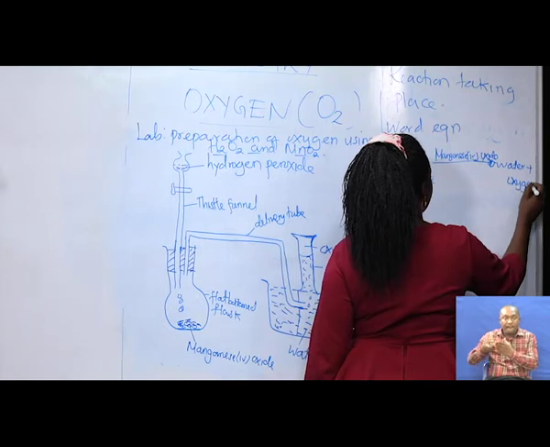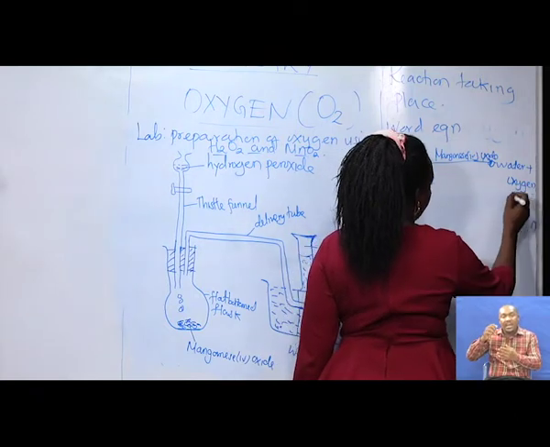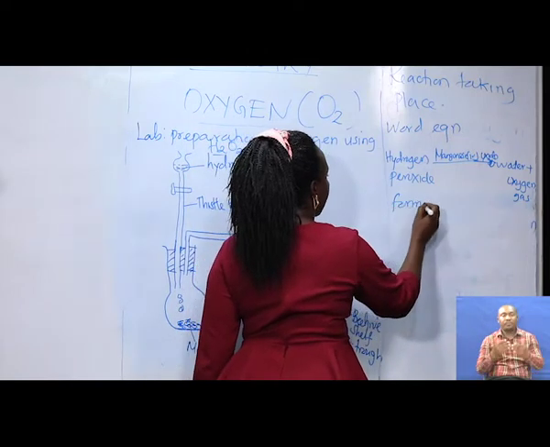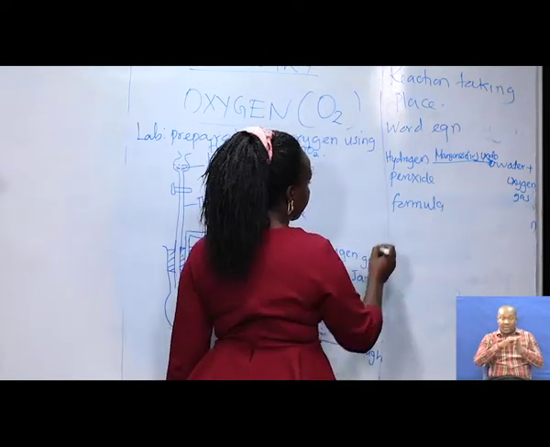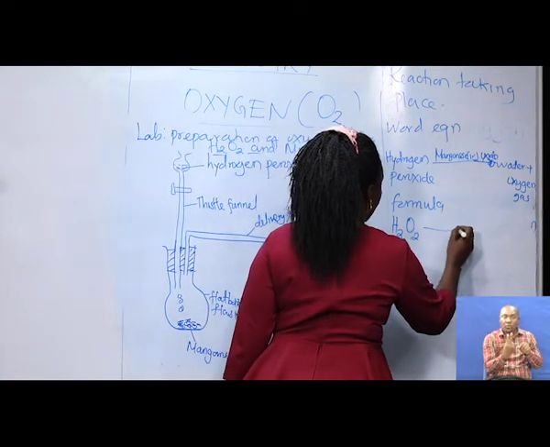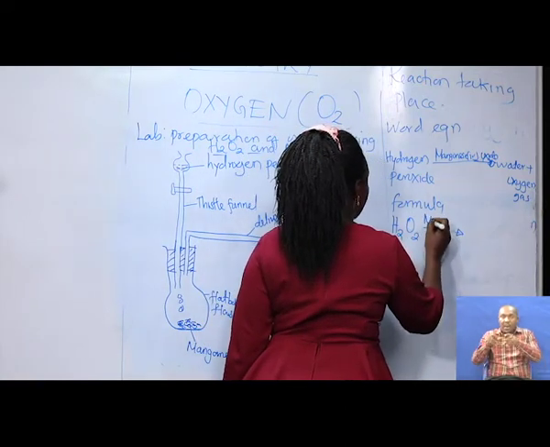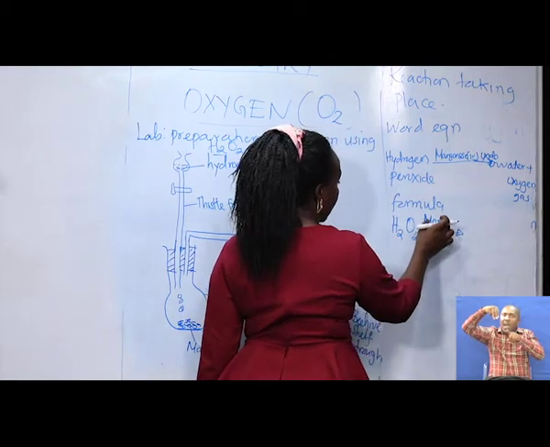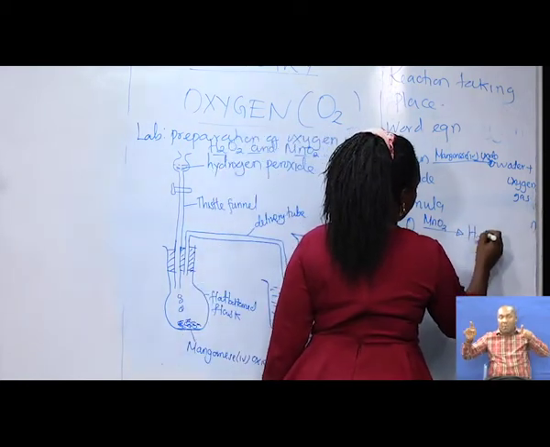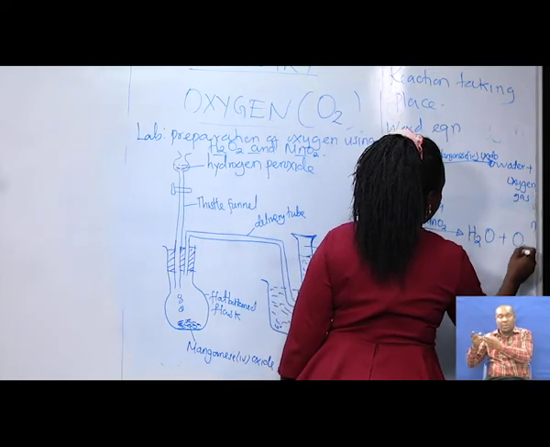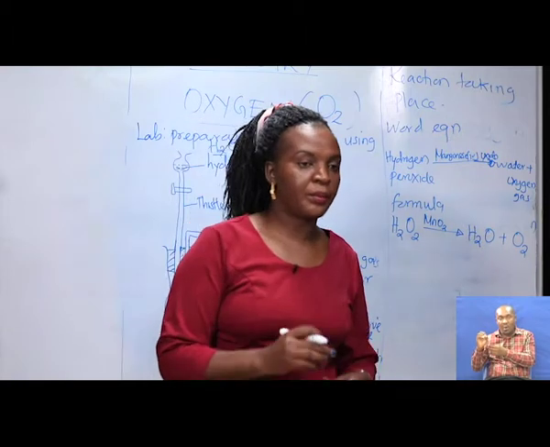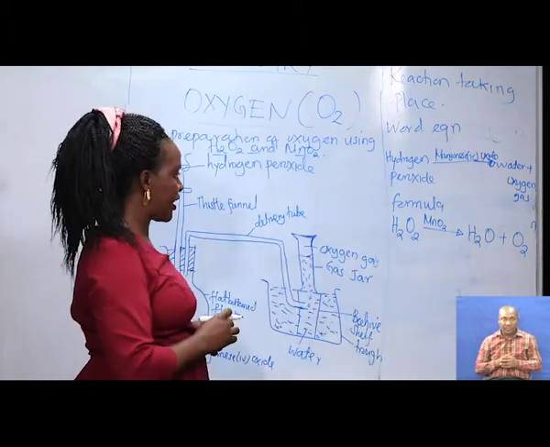By formula, it is written H2O2, which decomposes under MnO2. You can place it up or down the arrow. This will give water molecule plus oxygen gas. So this is the chemical reaction involved in the preparation of oxygen gas.